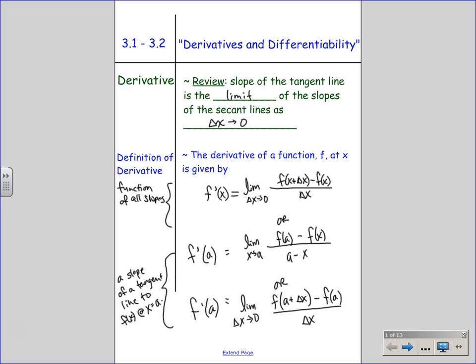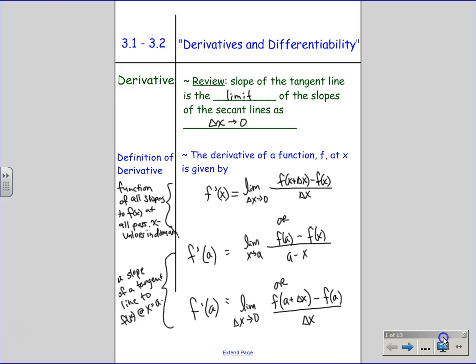Not just the slope, but all slopes. All slopes to the function f of x at all possible x values in the domain. Does that make sense? Okay. So the difference between the derivative function and a specific derivative value. So the slope versus all slopes. Good.